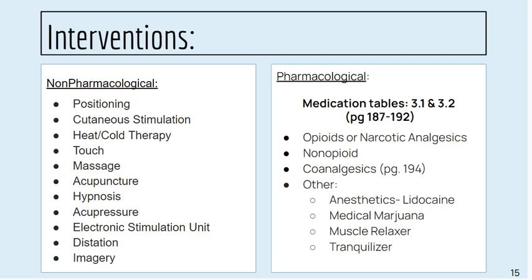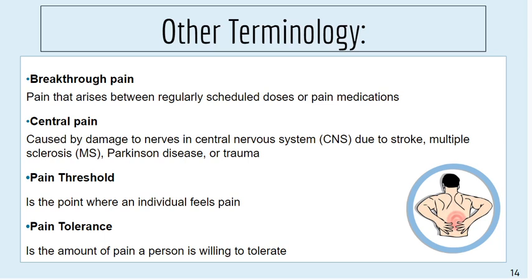So talking about that, I forgot to go over one more thing with you guys. Sorry about that. So going back to this other terminology slide, I want to mention just a little more on that breakthrough pain. There are some different types of breakthrough pain. They do include incident, that is associated with an activity or movement.